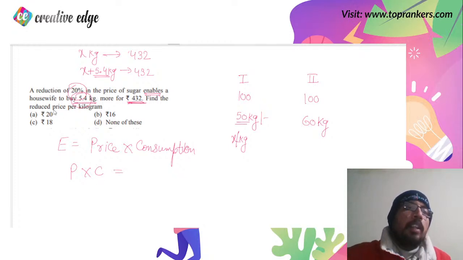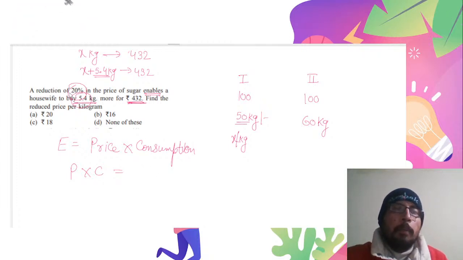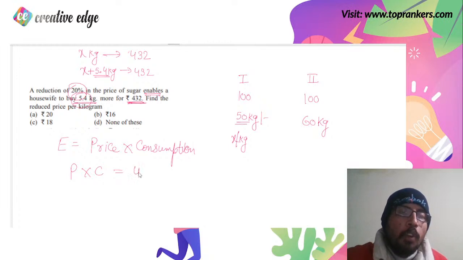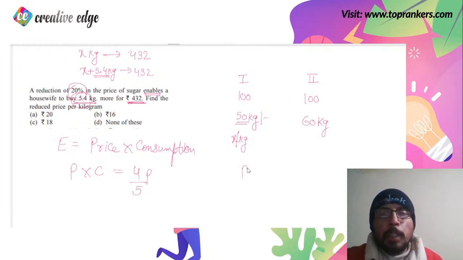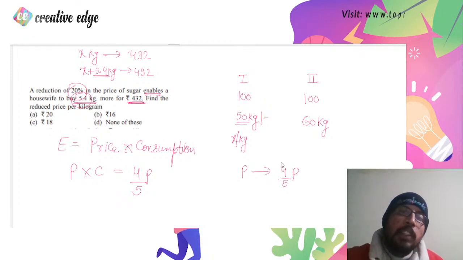Later there is a reduction in price of 20%. That means the price becomes 4 by 5 of P. Initially it was P, later it becomes 4 by 5 of P. What does 4 by 5 mean? 80%.